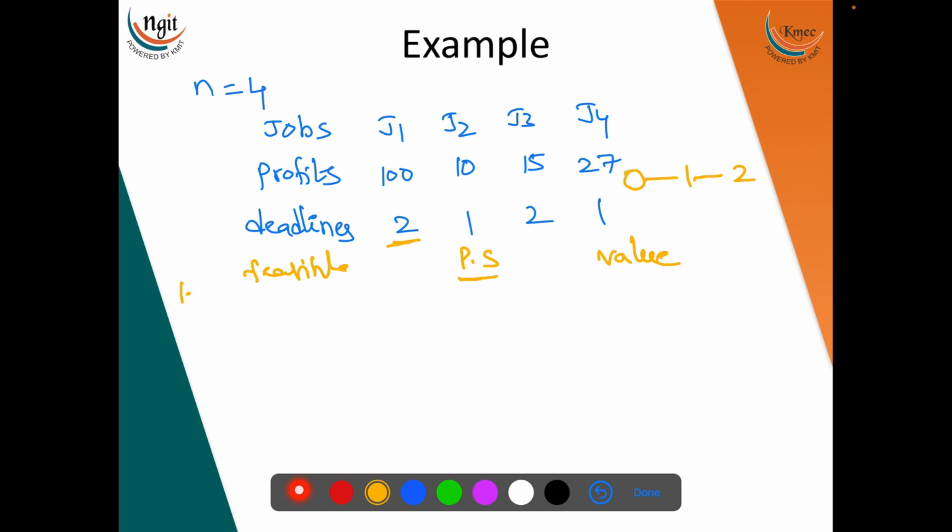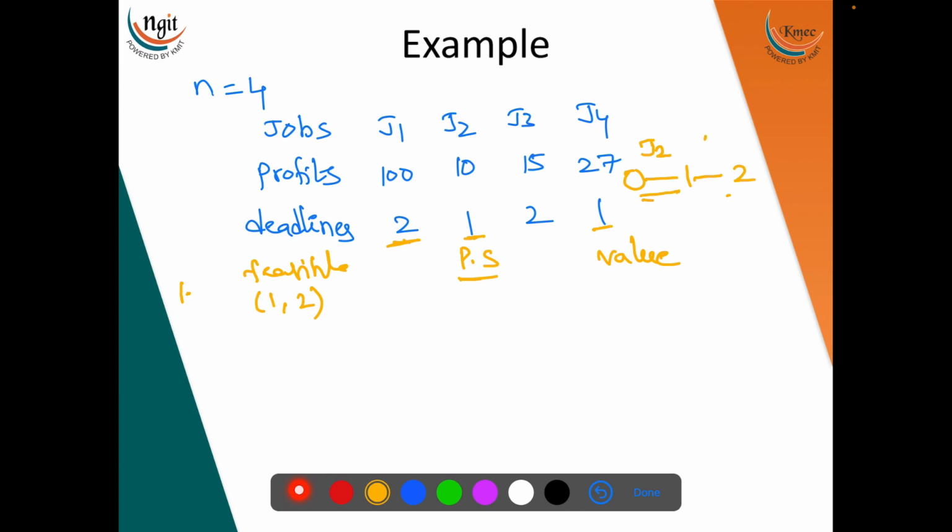The first feasible solution is 1, 2. Here I have 2 slots, and there are 2 jobs waiting for their turn to get completed. I pick J2 as it can wait for only 1 hour, so the first slot is given to J2.